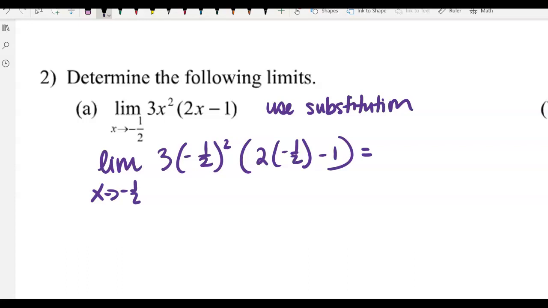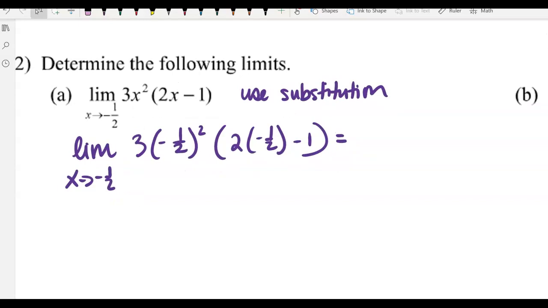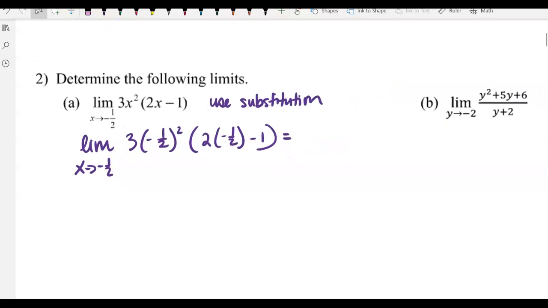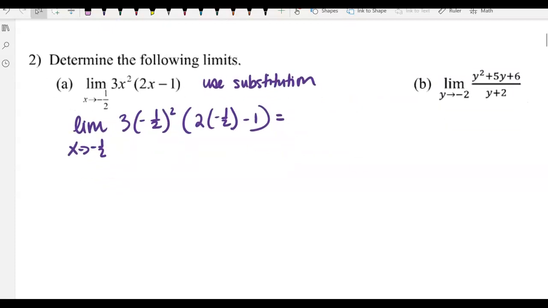In your team, actually work it out independently and then compare your answer once you have it. Please verify with each other. It's okay to talk, guys.